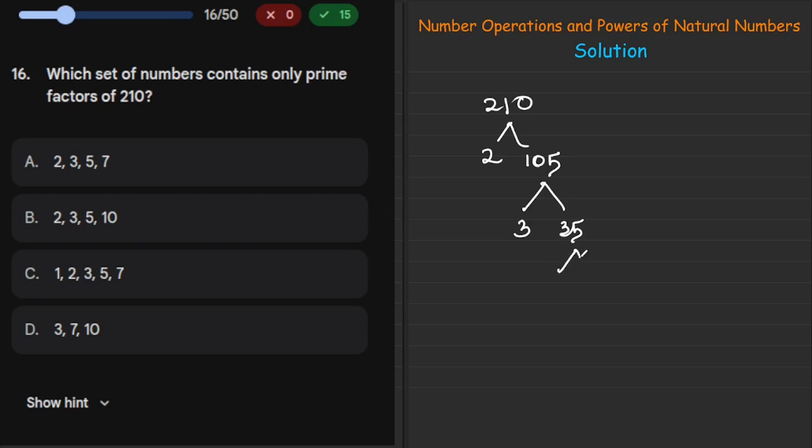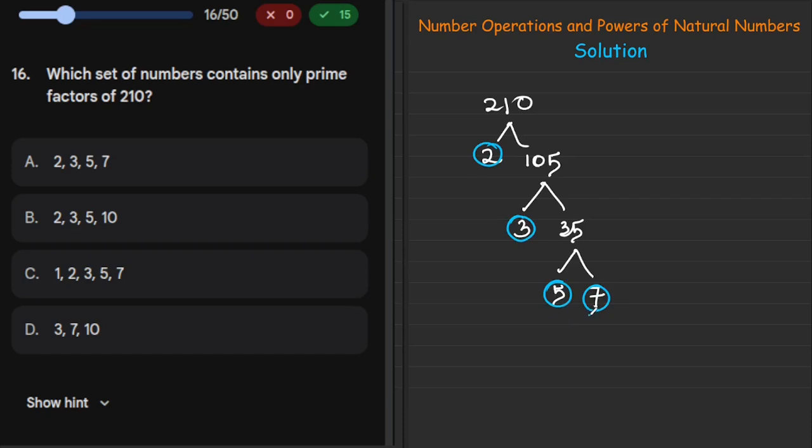Then we continue with our 35 since it's not prime. For 35, we can use the 5. So 5 divides 35 to give us what? A 7. Now with this, there's no other number to form a branch. So picking out our prime numbers, we have our 2, 3, 5, and then 7.